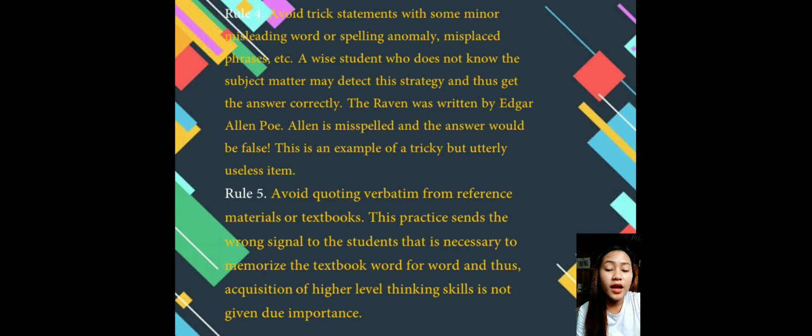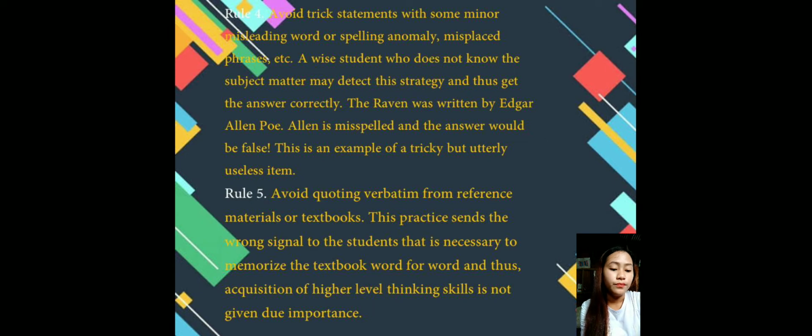Allan is misspelled and the answer would be false. This is an example of a tricky but utterly useless item. So I will give you some examples of these tricky statements. The Trees by Joyce Calmer, which is not Calmer, which is Kilmer, by Joyce Kilmer. That is some of the tricky words that may lead to a false.